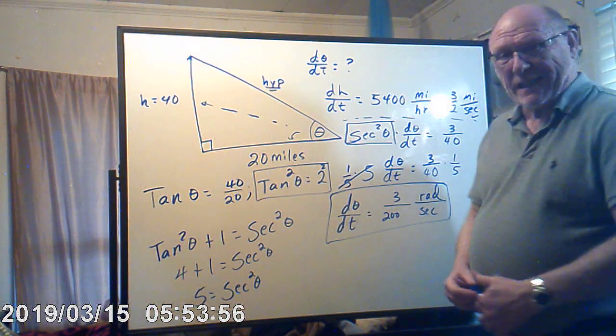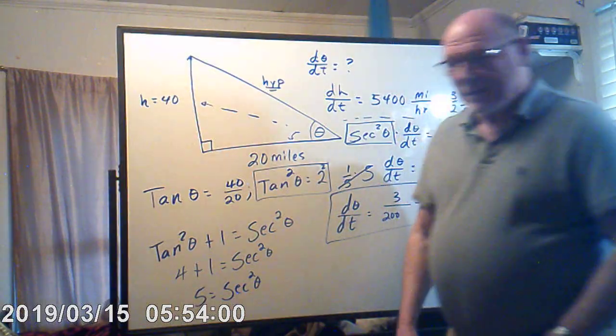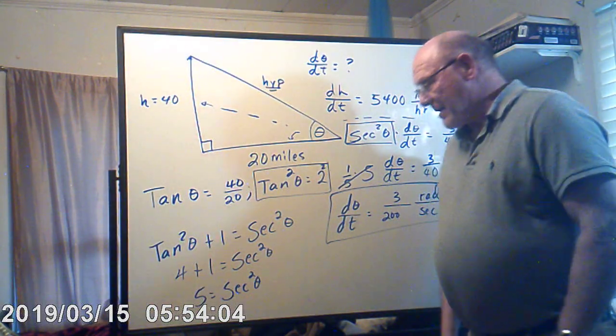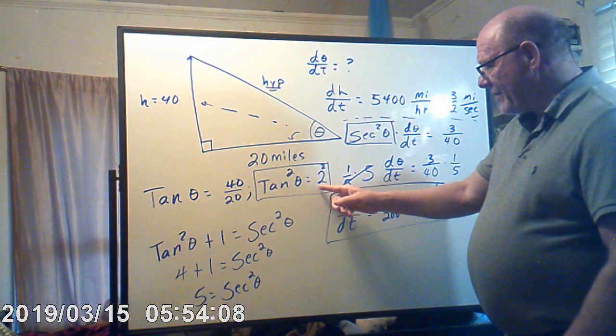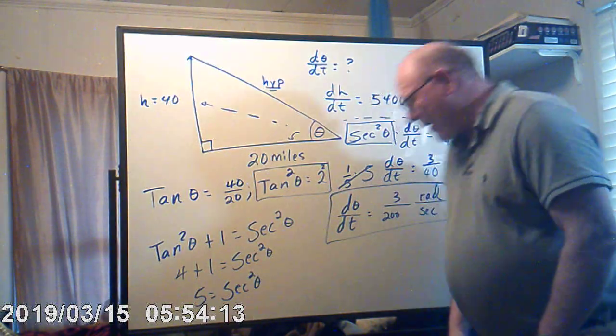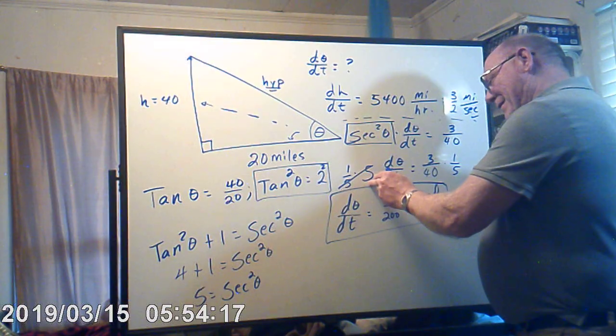So secant squared is tangent squared plus 1. Now, will we think of that? Maybe not. Of course tangent theta is 2, so tangent squared is 2 squared, which is 4, and 4 plus 1 is 5. So in place of secant squared, we just put 5 here.